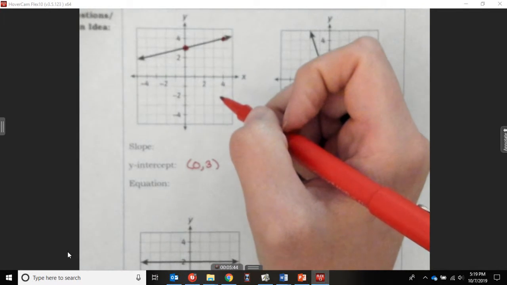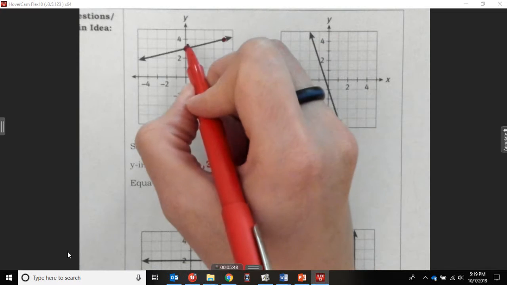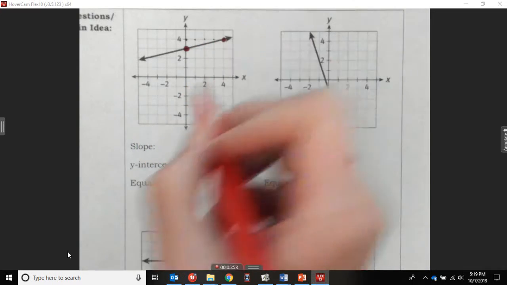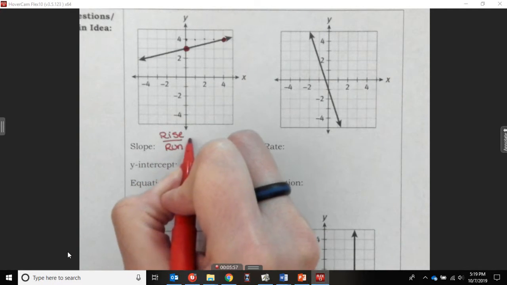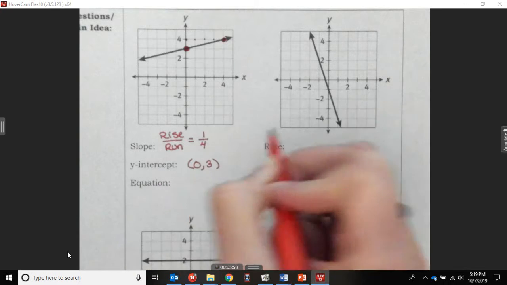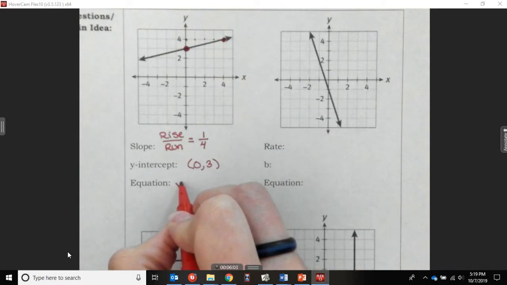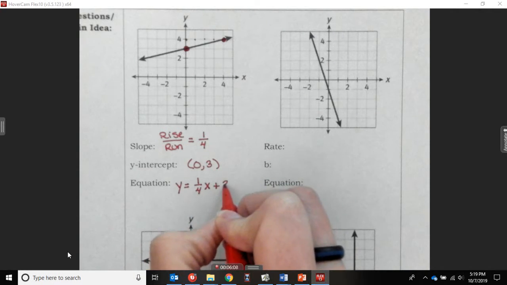If I count my slope, remember slope is rise over run, and this is positive. I am going to rise 1, run 1, 2, 3, 4. So I'm rising 1, running 4. So that's my slope, 1/4. And if I write my equation, it's y = 1/4 x + 3.